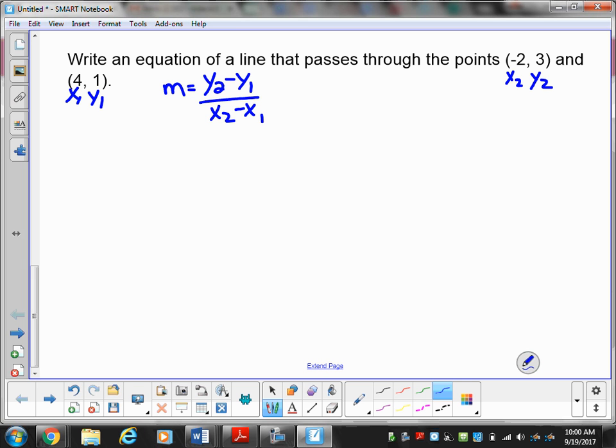So I can plug this in real easy here. y2 is 3 minus y1 is 1 over x2 is negative 2 minus x1 is 4. So that's 2 over negative 6, which is negative 1/3.